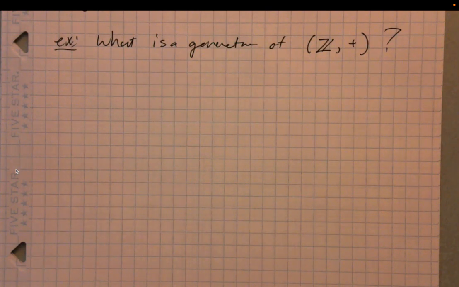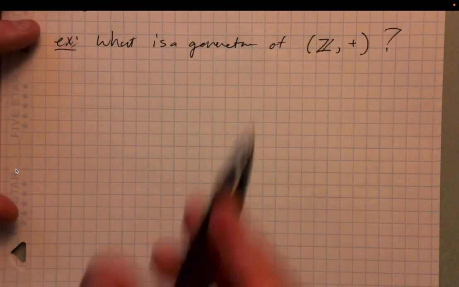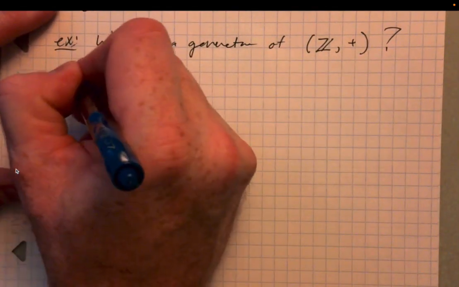We know that's a group. Identity is 0. It turns out that one number is a generator of this group. Okay, and the number is -1.